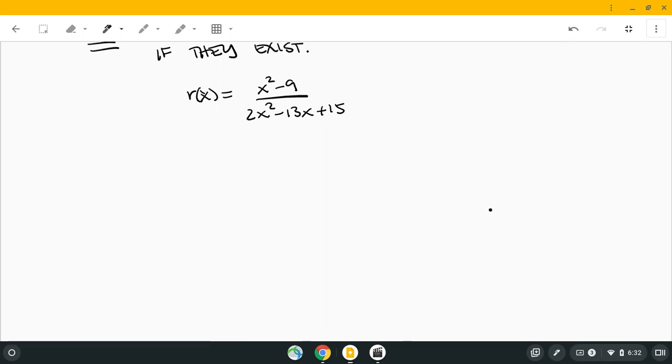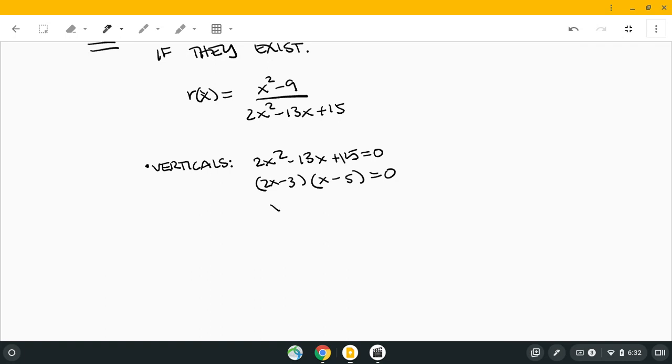Okay, so the vertical, let's start off with that. Vertical. Okay, so we have those where the denominator equals 0. All right, so I'm going to go ahead and see if I can factor this. 2x minus 5 and x minus 3. 5 will go here, 3 will go here, and that will give me negative 13x for the middle.